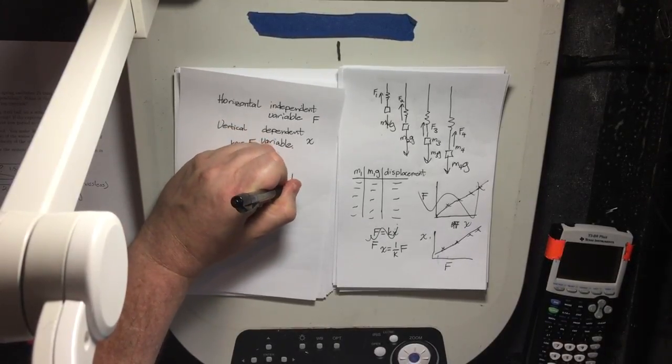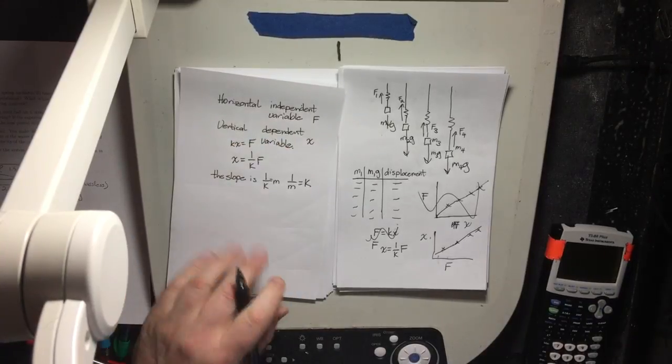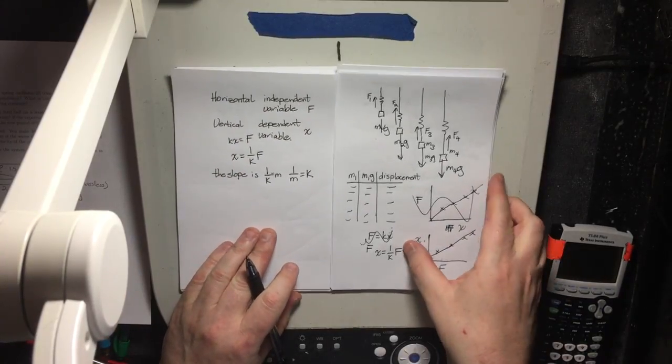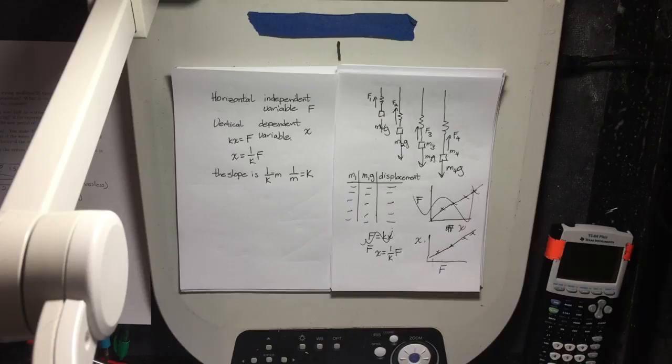So 1 over slope is the k value. So you take this spring, you hang various masses off of it, you measure the displacement, and that slope that you determine, you invert it, and that is the spring constant.